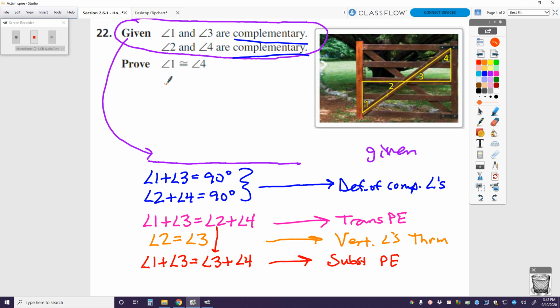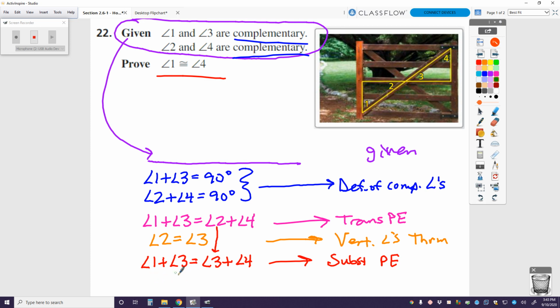So again, remember, we're trying to get 1 is equal to 4. We've got 1 plus 3 is equal to 3 plus 4. And so now it's just that angle 3 is the same on both sides. But what basic mathematical property could we use to get rid of angle 3 on both sides of the equation? And we could use some subtraction property.